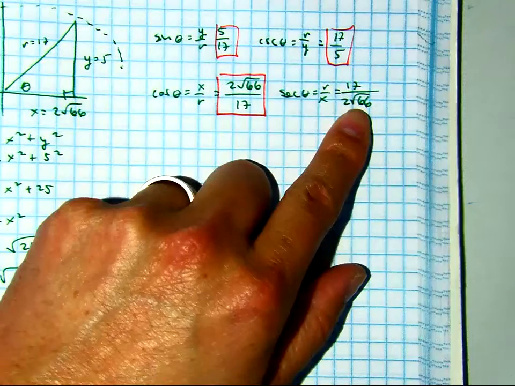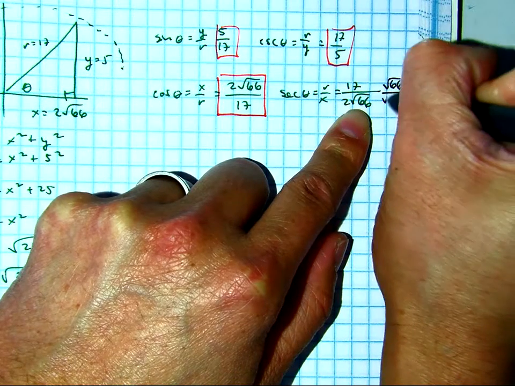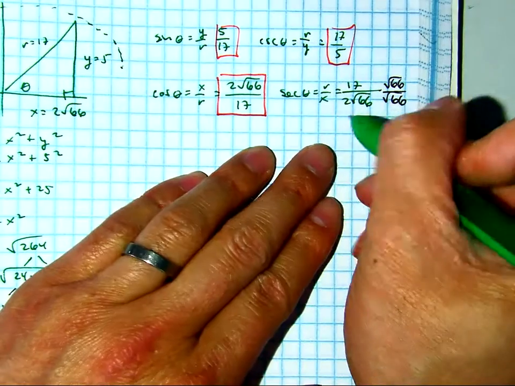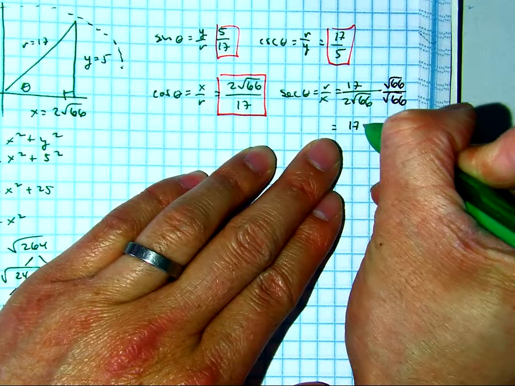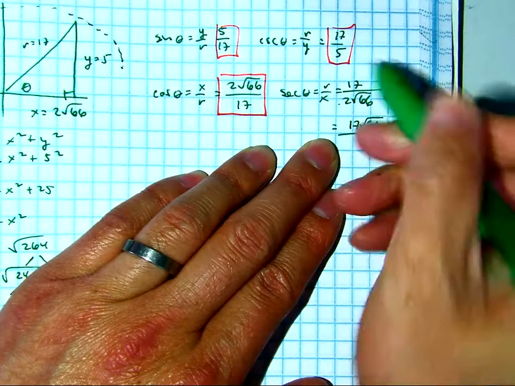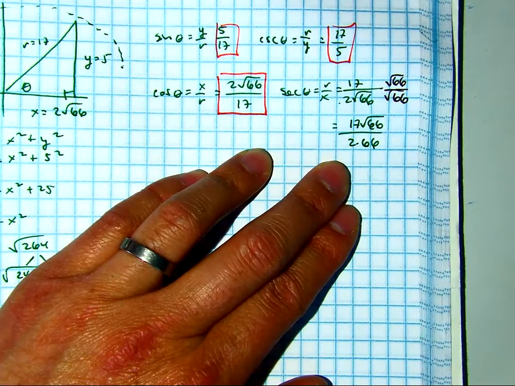Now, it's not wrong if you multiplied by 2 radical 66 or 1. In this case, I can just multiply by radical 66. Going to get some very big numbers here. 17 radical 66. This is 2 times 66. And that gives me 132.